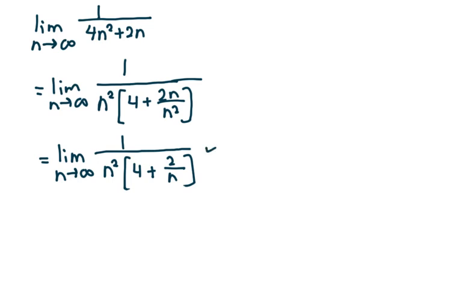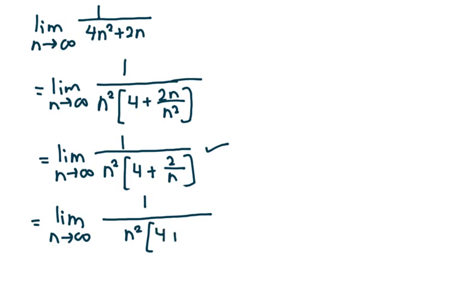And so right here, this is the limit as n goes to infinity of 1 over n squared times 4 plus 2 over n. And so this is the limit as n goes to infinity of 1 over n squared times 4 plus 2 times 1 over n.